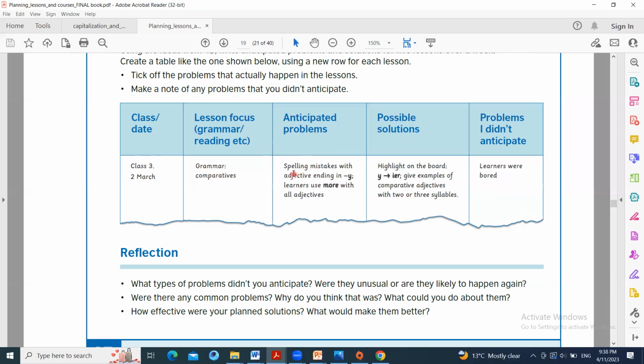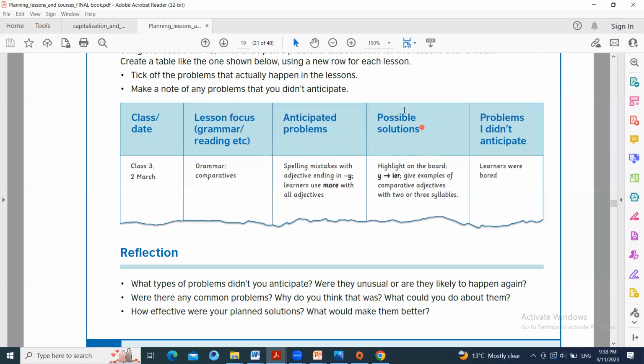Spelling mistakes with adjectives ending in Y. Learners use more with all adjectives, as we saw in the previous part. So think of this point connected with anticipated problems.